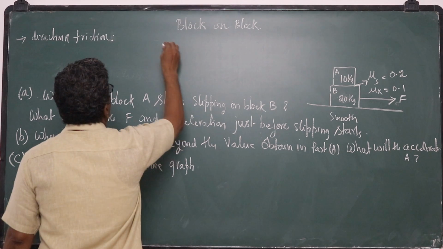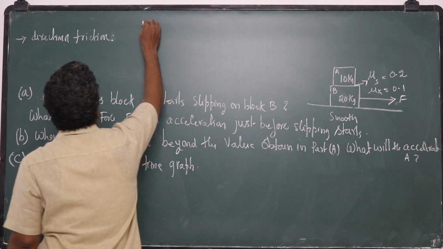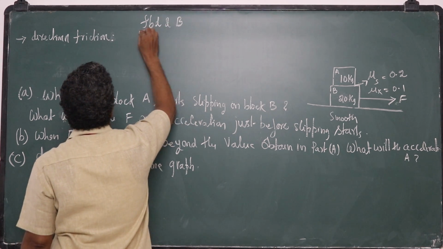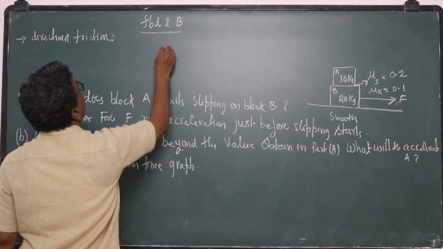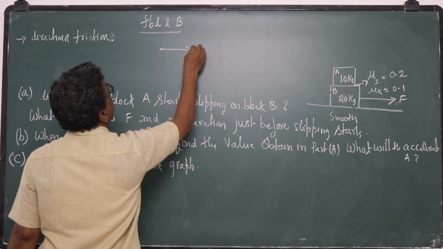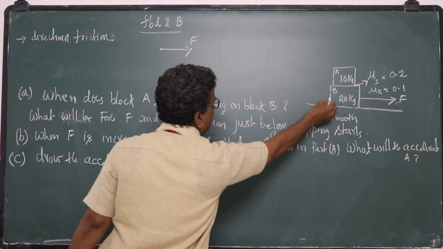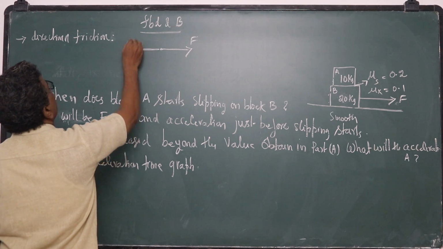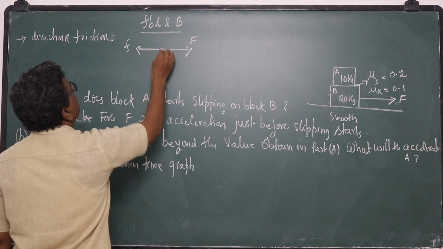So the block B, you draw the FBD of B. So what is the FBD of B? The external force F acts on it, and it is opposed by the frictional force. That is the FBD of B.